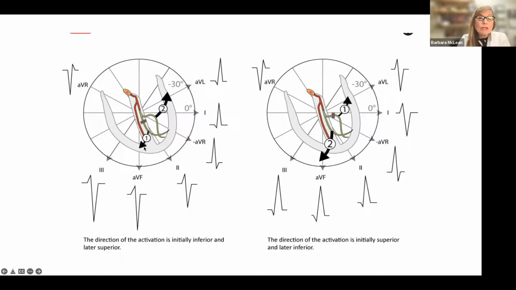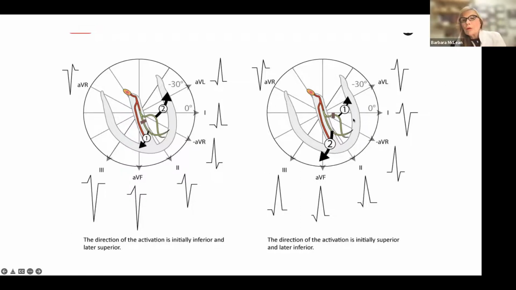With anterior fascicular block, you will have a left axis deviation because it's primarily upright in 1 and primarily downwards in AVF. You will have a left axis deviation.